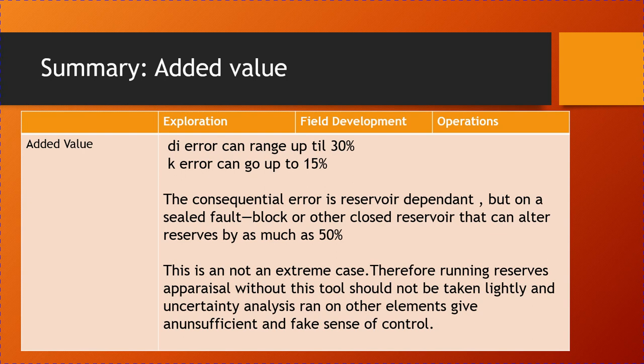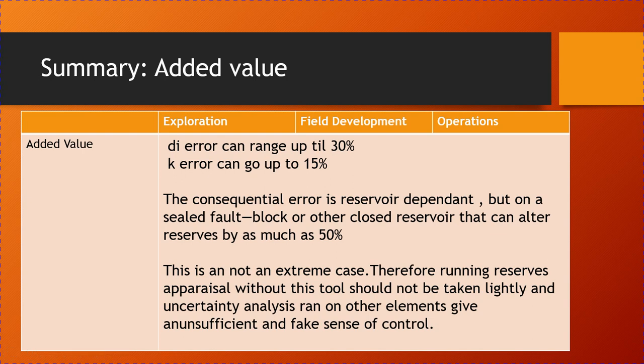Let's take 30% as the extreme case, and K can range up to 15%. If we are in a specific type of closed reservoir, as I said, the consequence is reservoir dependent, but if we use a sealed fault block or another type of closed reservoir, the above can alter the reserves by as much as 50%.